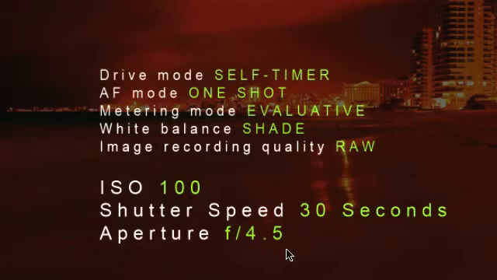So then that forced me to use an aperture of 4.5, which in this case is fine because I know that all of this is going to be blurry and all the sky is going to be blurry. So I just focused right about here to make sure these buildings are going to be in sharp focus, and then I simply recomposed, pressed the shutter button, waited 30 seconds, and here's what I got.